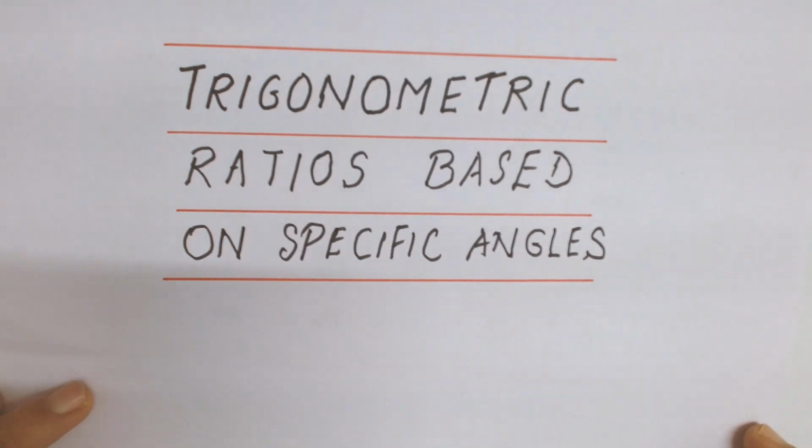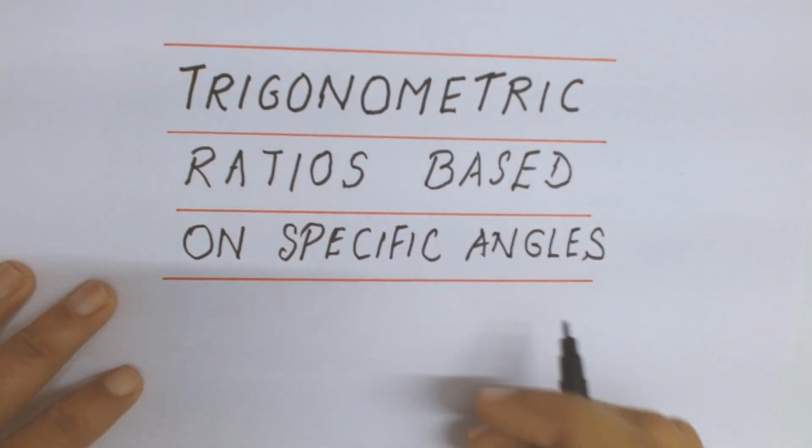But so far we have been talking about theta in general, where theta is the measure of the angle. Today we're going to substitute that theta with an angle measure and see for that particular angle measure what are the values of these trigonometric ratios.